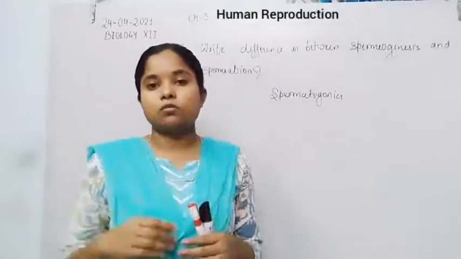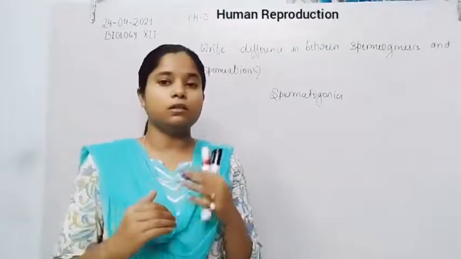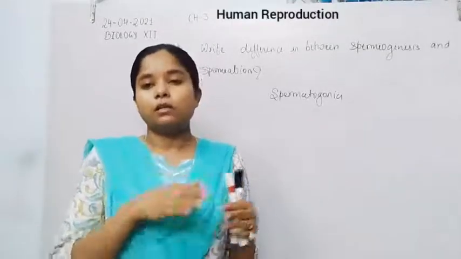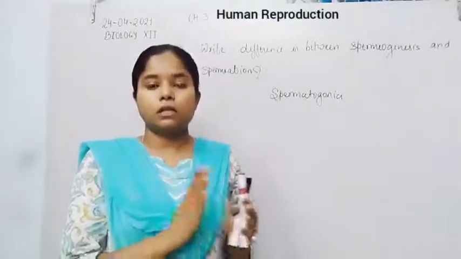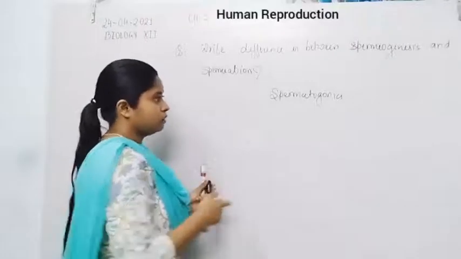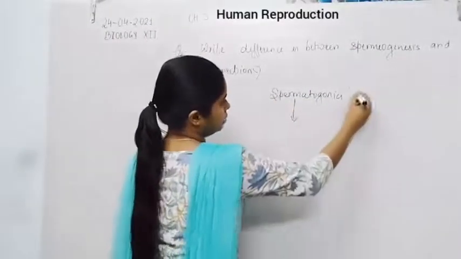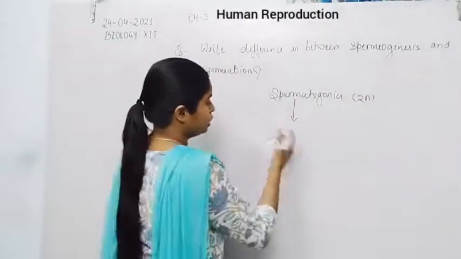Like oogenesis, they cease at the meiosis first division until puberty comes. Finally, the division starts from where they were resting. So the spermatogonia, which is a germ cell, again diploid in nature, that is 2n number of chromosomes.